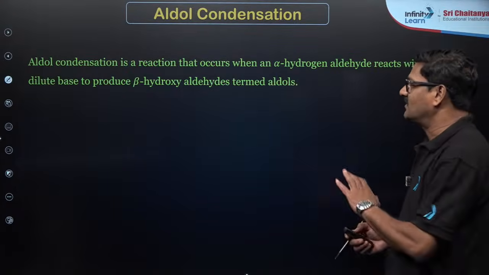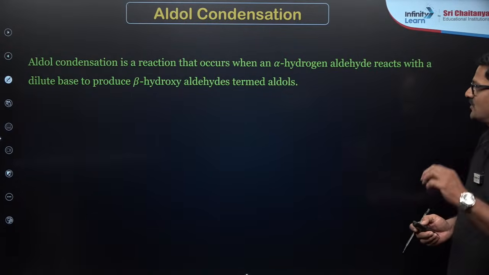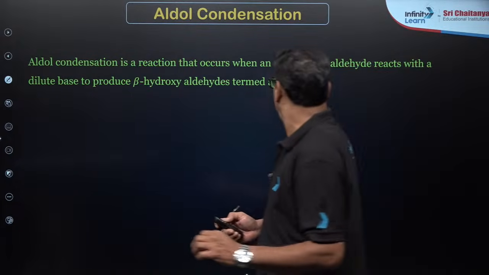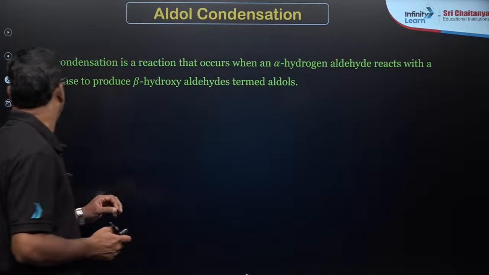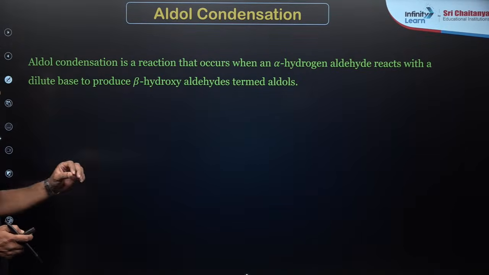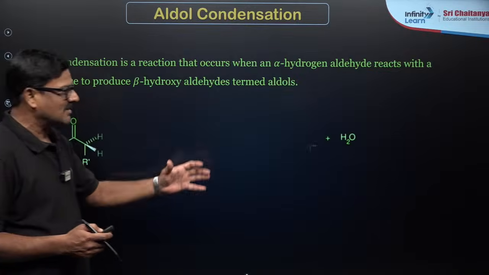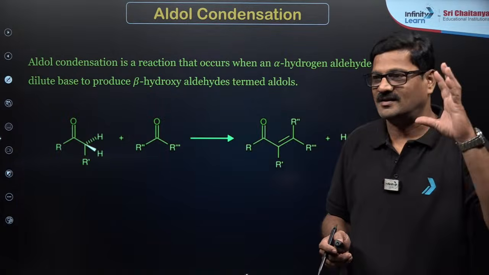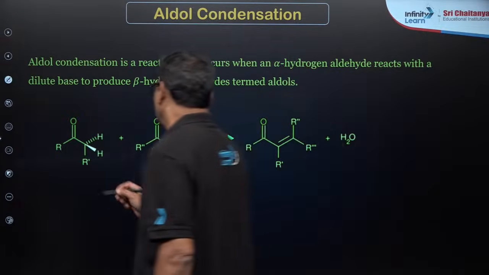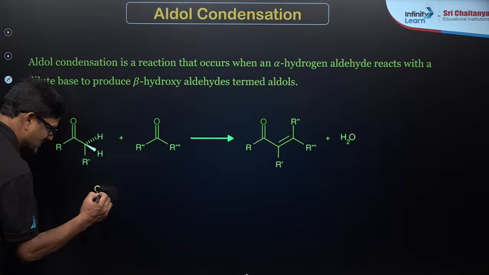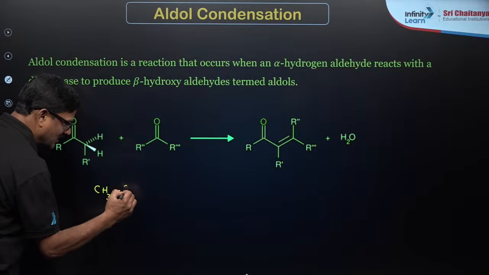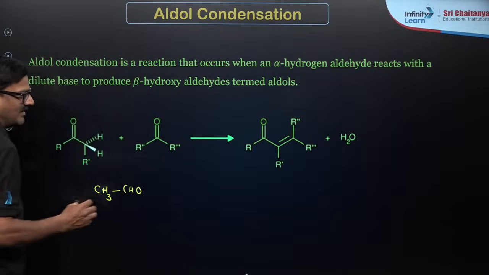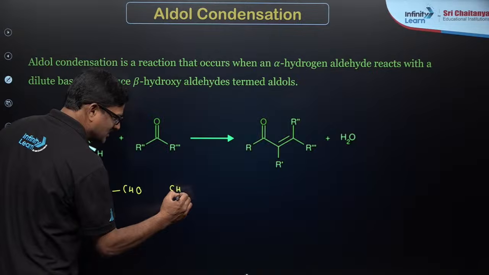And you can see, aldol condensation is the reaction that occurs when an aldehyde with alpha hydrogen reacts with a dilute base to produce beta-hydroxyaldehydes, termed aldols. To make aldol condensation, alpha hydrogen should be present: CH3 and CHO, and alpha hydrogen should be present here.